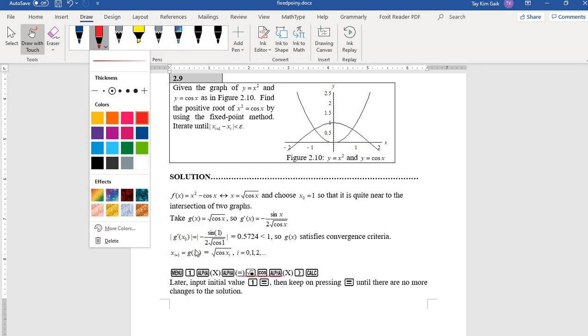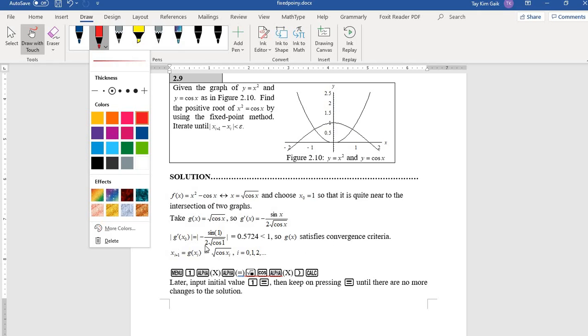After that, you take the modulus of g prime x naught. You substitute x here by 1. We obtain 0.5724, which is less than 1. So g(x) satisfies the convergence criteria.